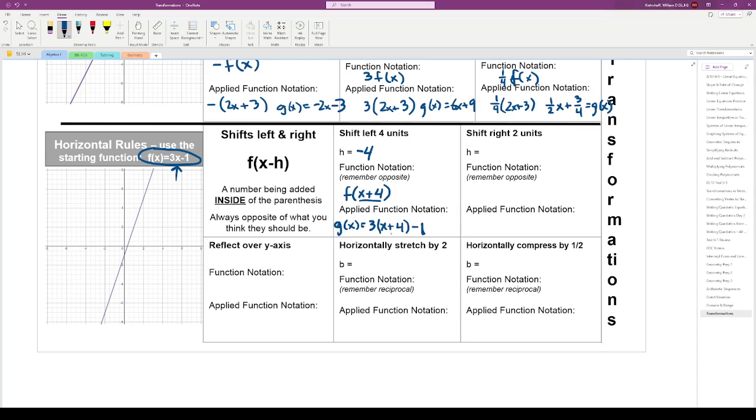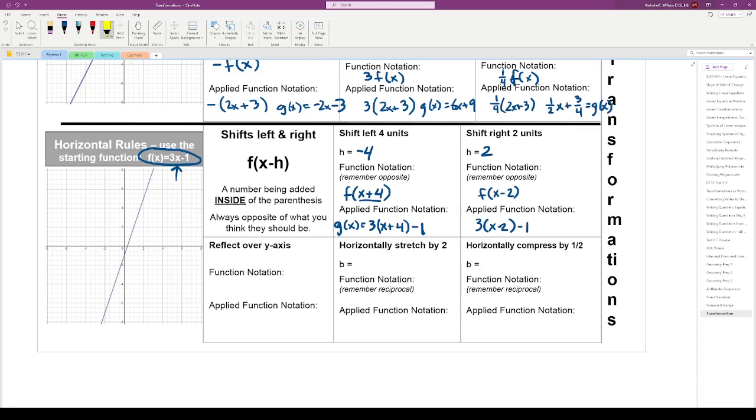Shifting right by 2, that would mean a horizontal shift of +2. But once we go to write it in function notation, it's weird and backwards. So we put f of x minus 2. And to apply it, we do 3 times, and then where x was, we put x minus 2. And then we have our minus 1 from the original function.